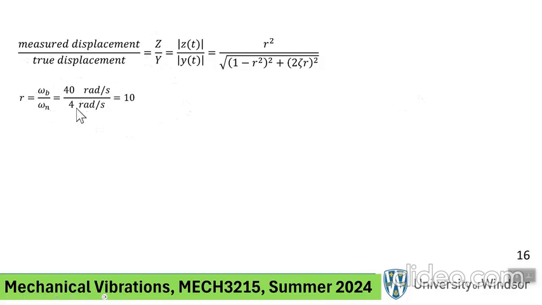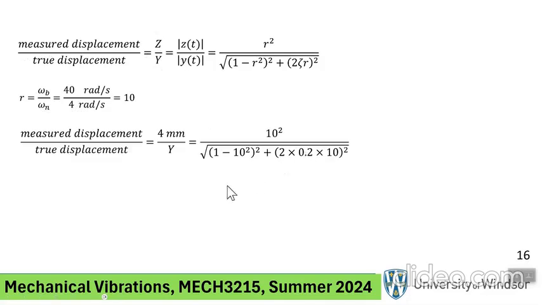We are told the natural frequency of our seismometer is 4. That'll give you the value of R. That's good because this is a large R where seismometer is applicable. This formula is applicable. So we are told that the measured displacement is 4 millimeter. We don't know the true displacement of the base that it's sitting on. Okay. And just plug in the value of R, plug in the value of zeta, and that'll give you the value of big Y. And that was the question.